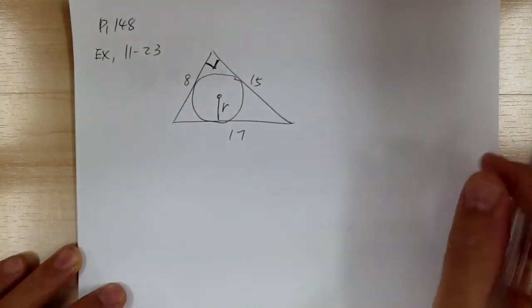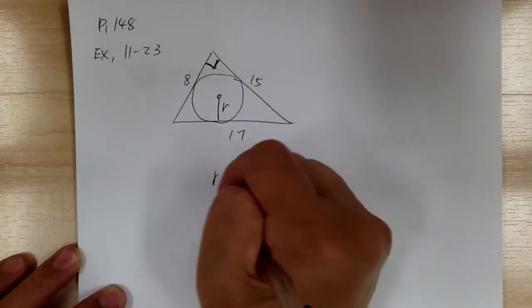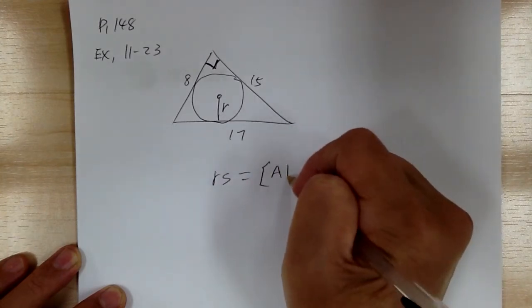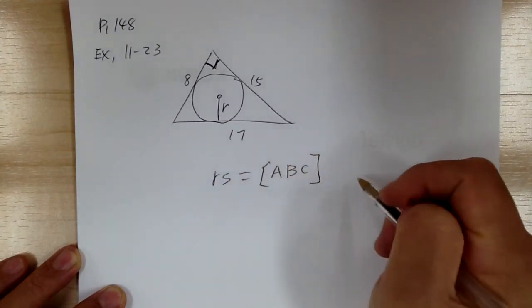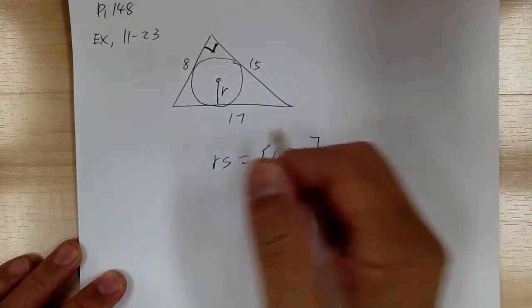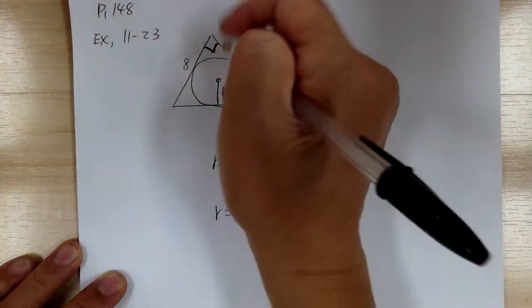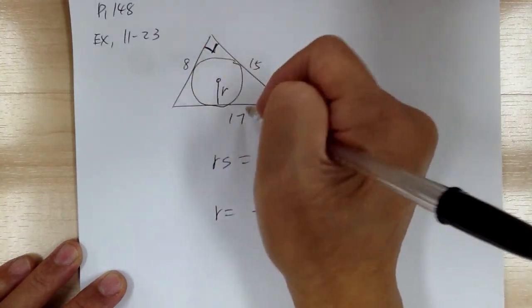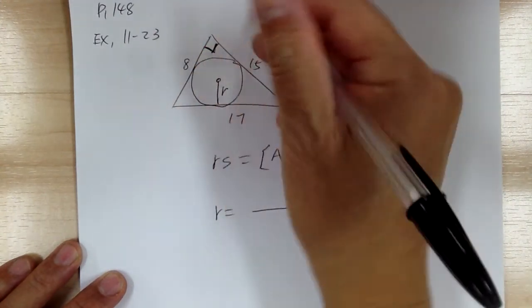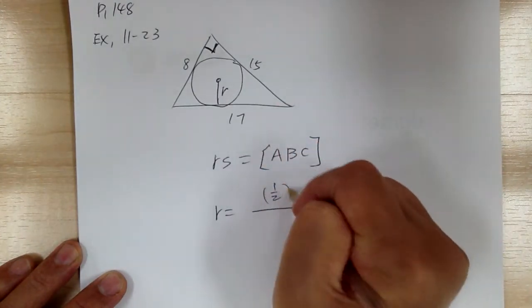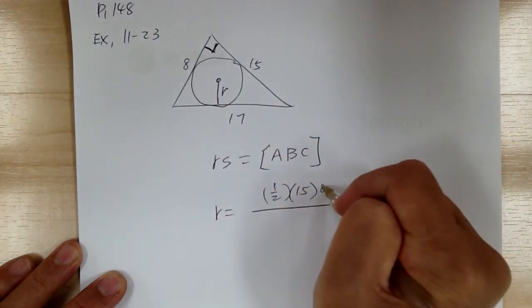Again, you can remember rS equal to the area of the triangle ABC. You're looking for the radius, so r equal to, now because 8, 15, 17 is a right triangle, this would be the base and this the height. So the area of the triangle would be 1/2 base times height.